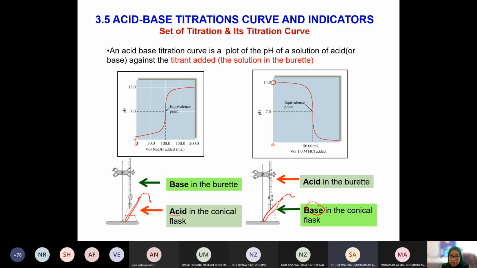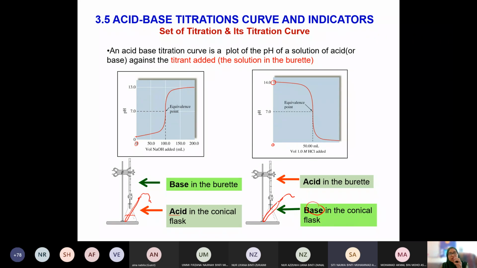I mean, the pH is already basic. Why is it basic from the beginning? Because it is based on whatever solution that you place in the flask, sitting at the bottom. Understand?